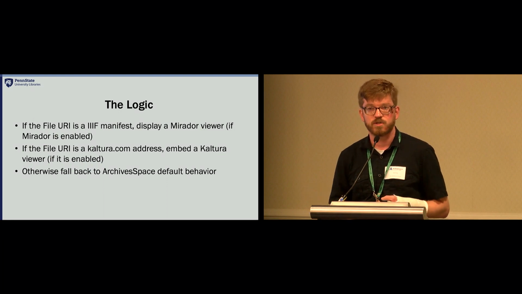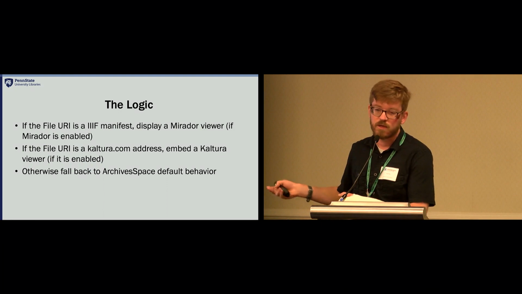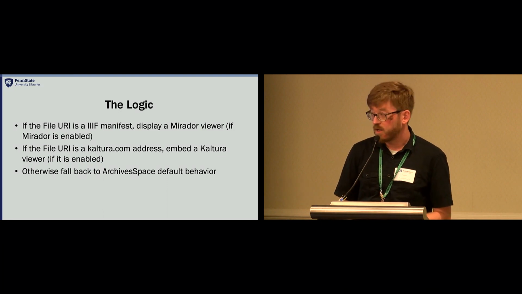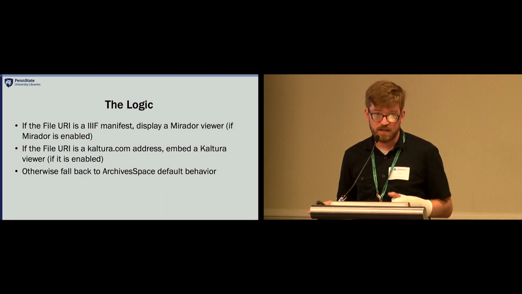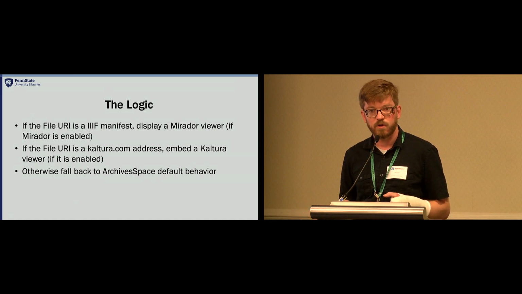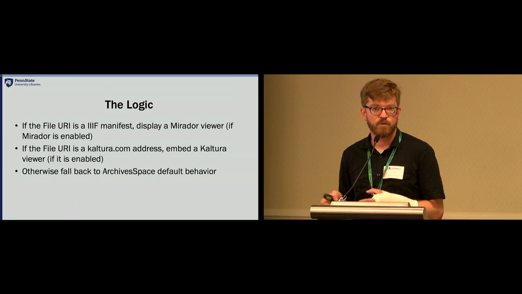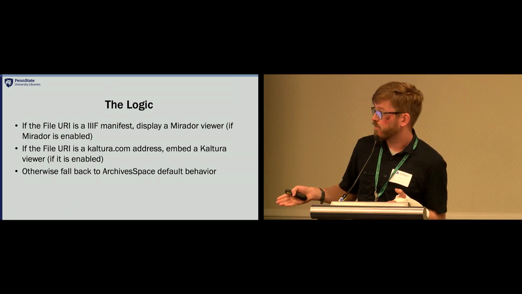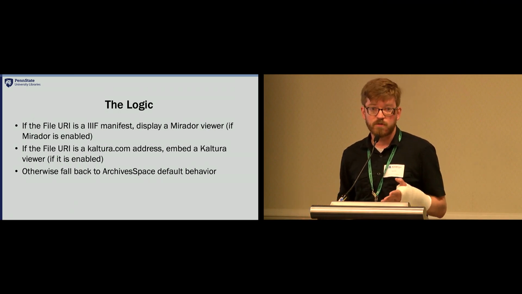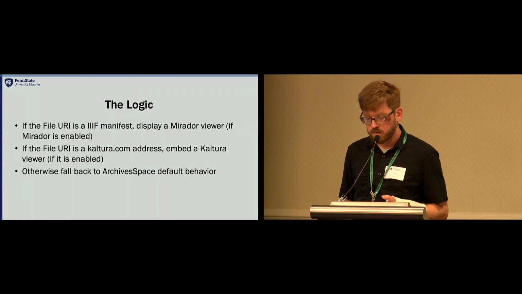So it shows up in the digital object and any archival object that references it. If it instead contains Kaltura.com somewhere in the URL, it'll find the Kaltura embed code that is in the plugin and present the viewer so that people can see it. If neither of those things are in place, it just rolls back to ArchivesSpace's defaults.